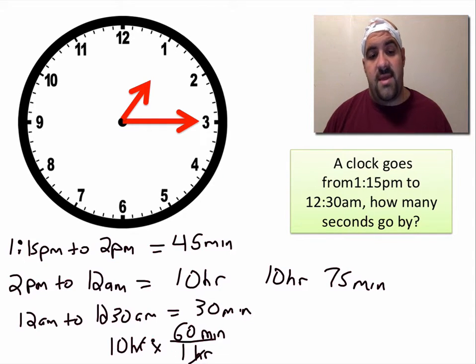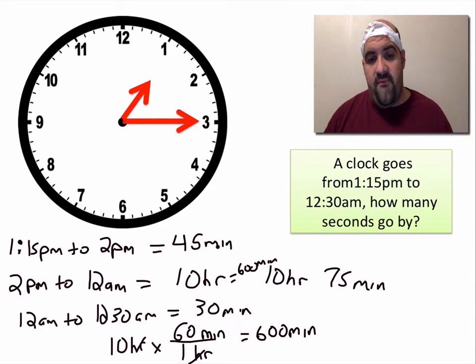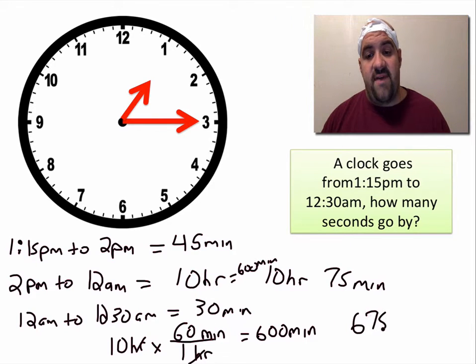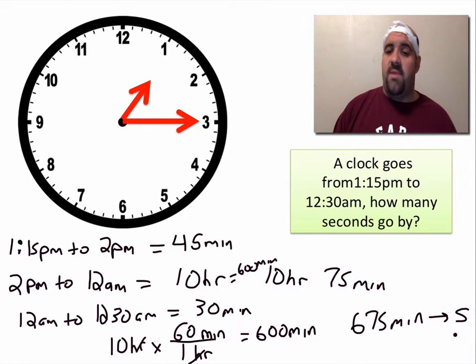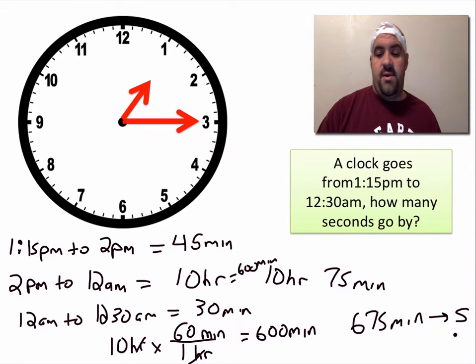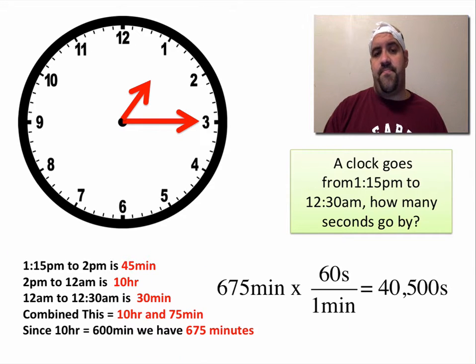And hopefully you know 10 times 60 equals 600 minutes. Plus the 75 other ones we have here, and we had 45 and 30 more, so that's going to equal 675 minutes. And that would be what we would have to convert using conversion factors.